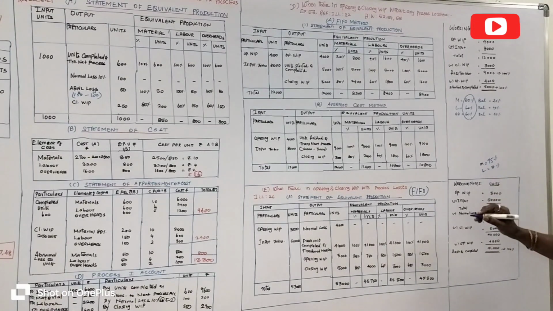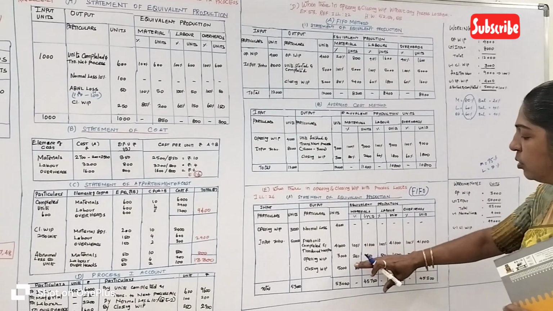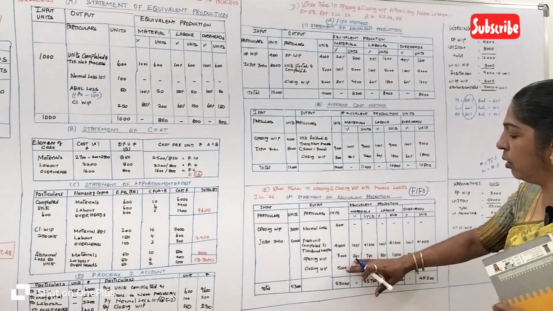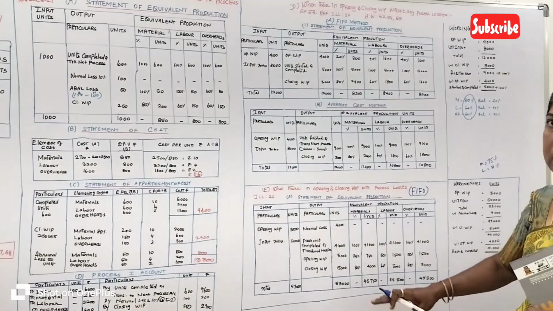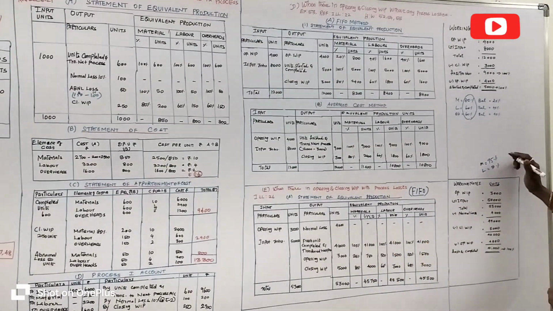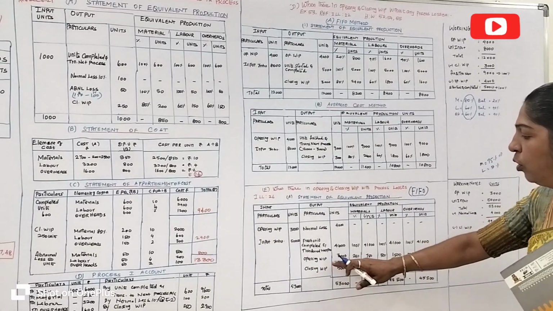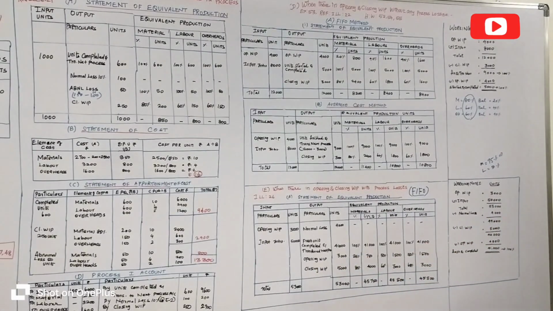Okay, so listen, we don't calculate that 75% with the 3,000 units, because it is the remaining percentage of degrees of completion only. The balancing degrees of completion only we have to calculate with the opening work in progress units.